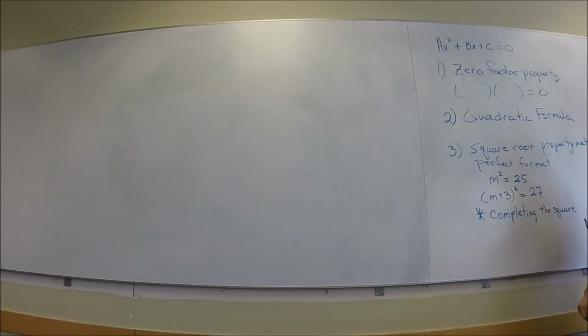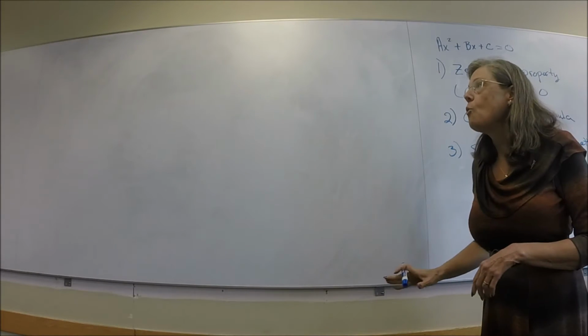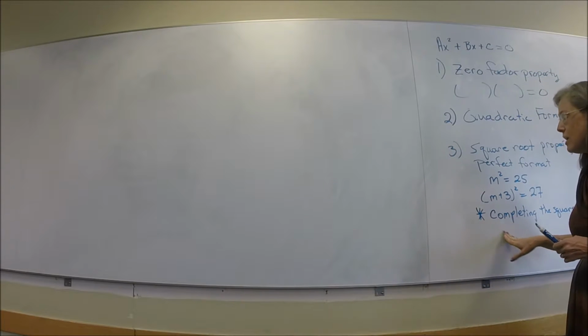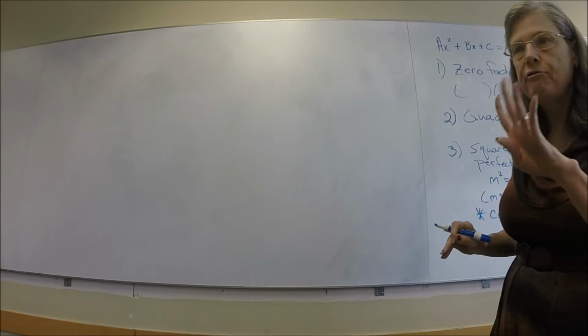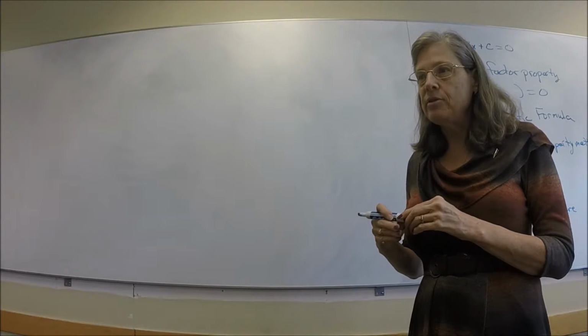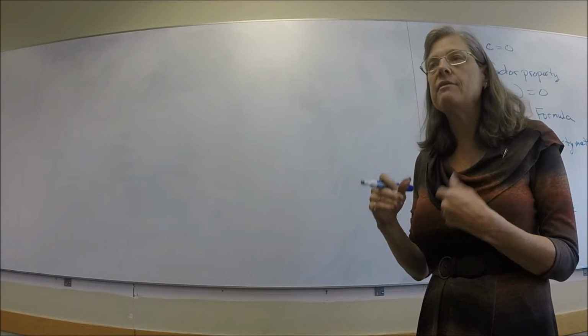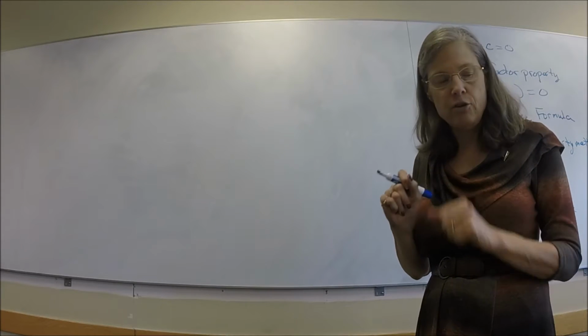So we really do need to learn it, okay? So what we are going to focus on right now is this completing the square, how that works, okay? And I've got 4 examples that we're going to do together, and then I've got 1 for you guys to try on your own.